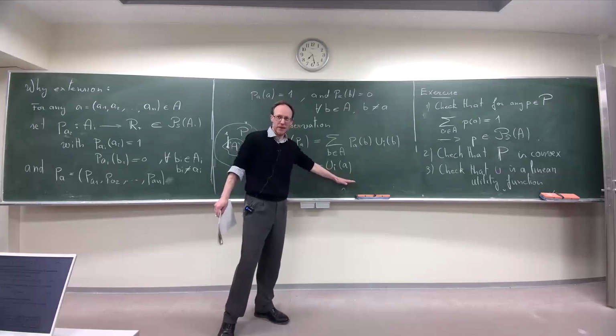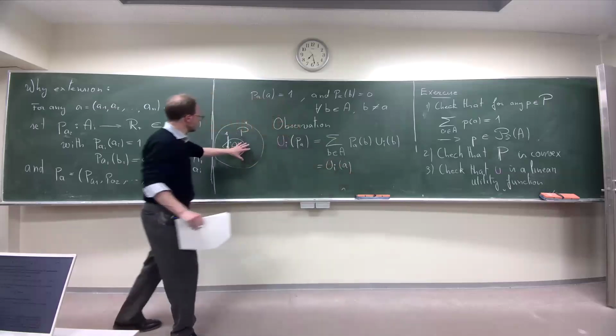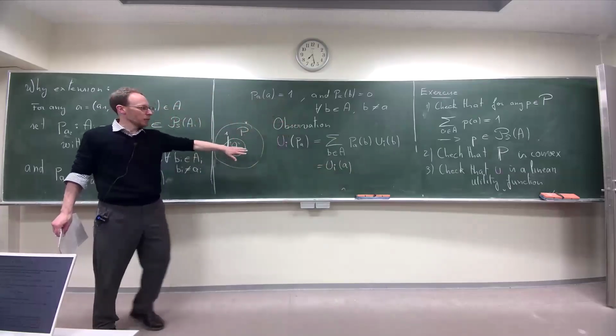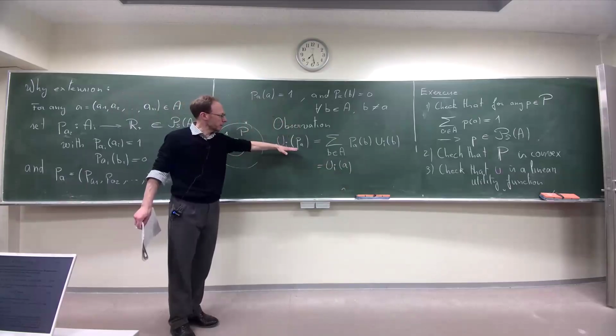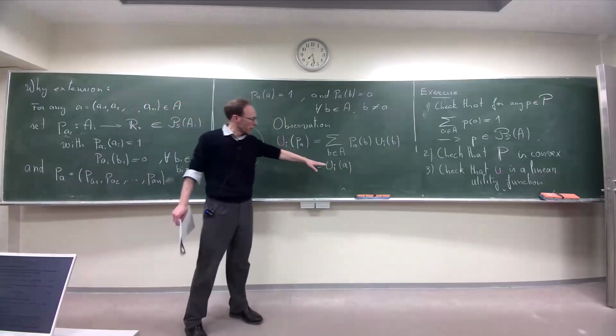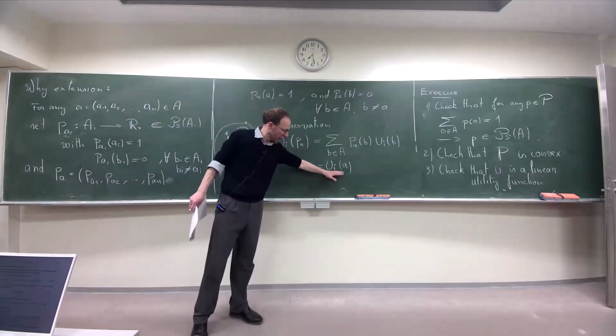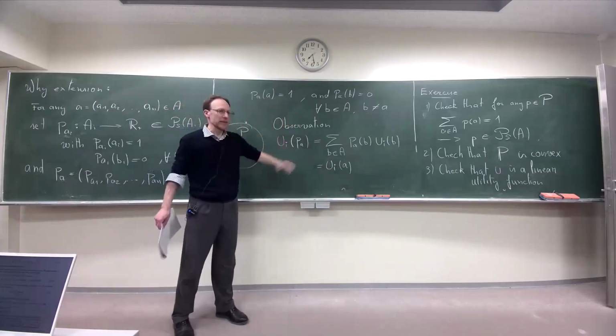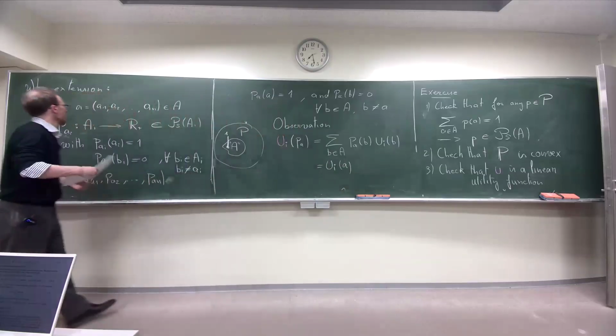In this sense, it's an extension. I've put A inside P in a specific way, but in addition, I respect the value of the payoff I at A. Now it's the same payoff I at this specific point. So it is an extension.